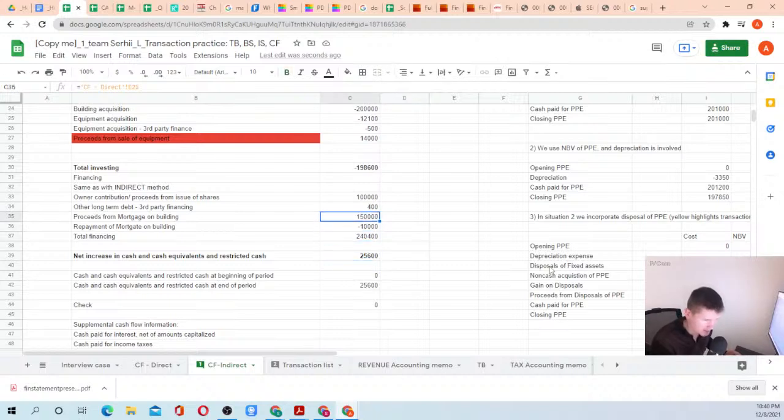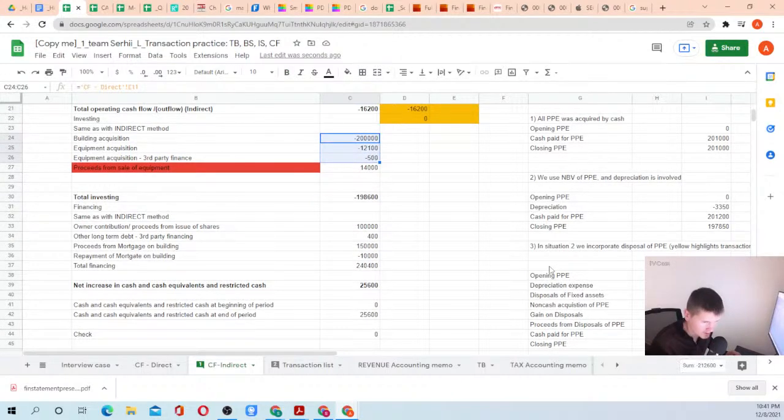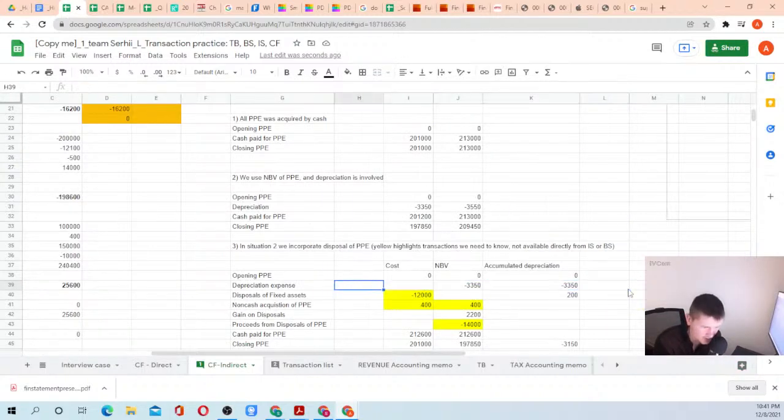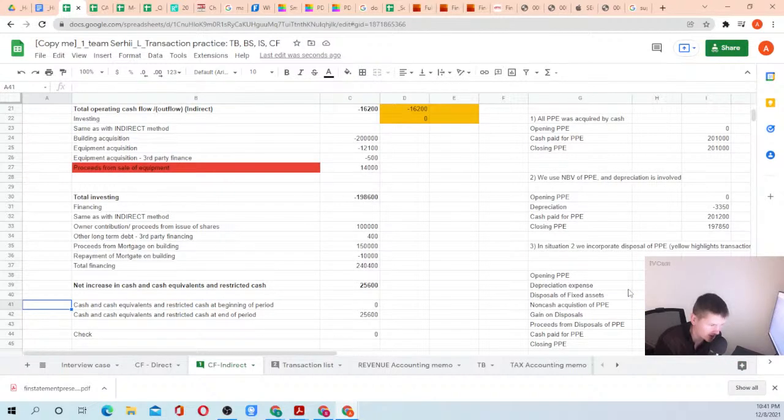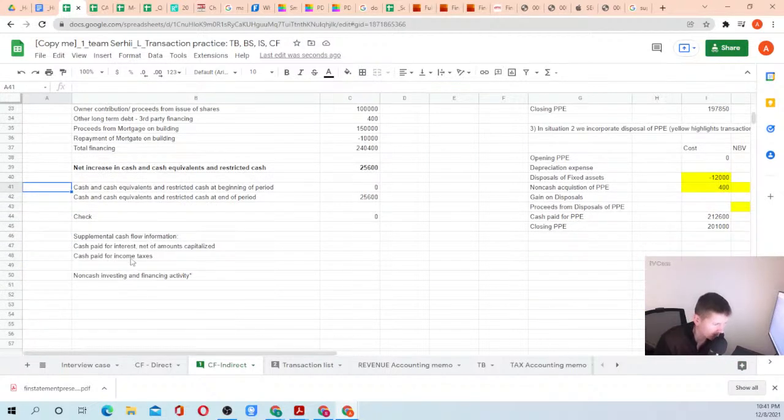So basically, to calculate these numbers, acquisition of fixed assets, if we got disposals, we will have to know our non-cash acquisition of property, plant, and equipment, and that non-cash acquisition actually goes here, and we will highlight it by yellow.